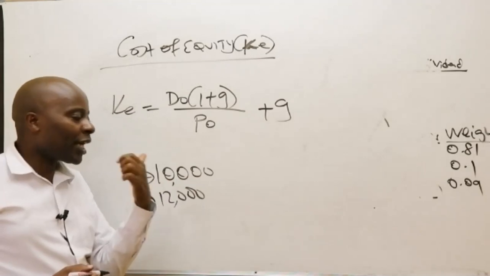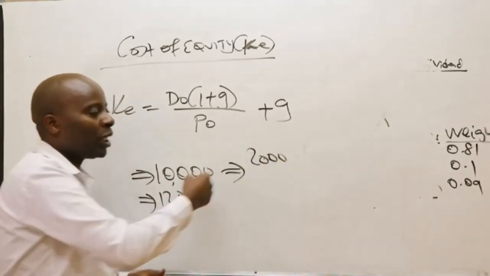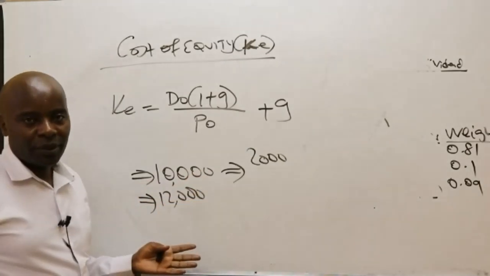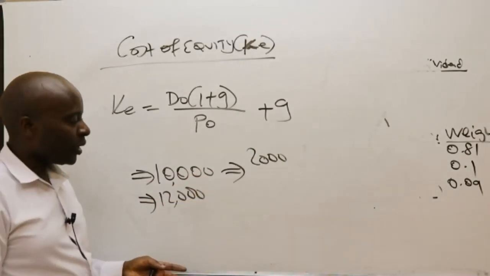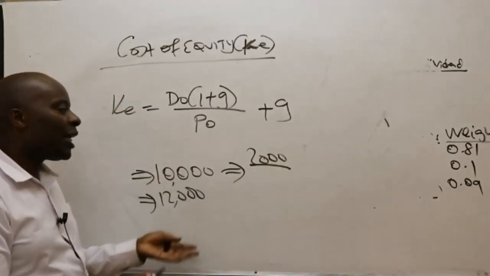It will be the amount which is on top, 2,000, divided by the amount which I gave you.